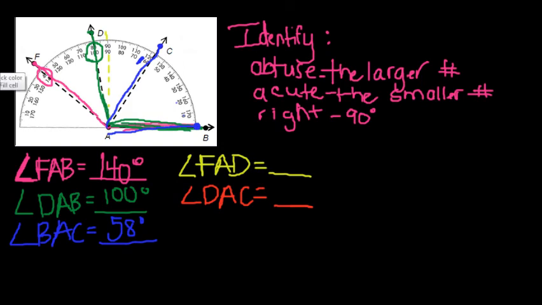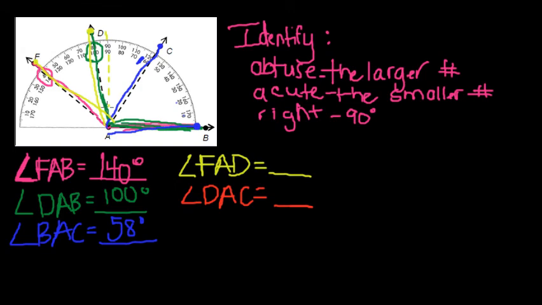Okay, the fourth one, we're going to get a little bit harder, is angle FAD. Alright, let's see. Angle FAD. First thing is, is one of the rays on the 0 degree line? And it's not.